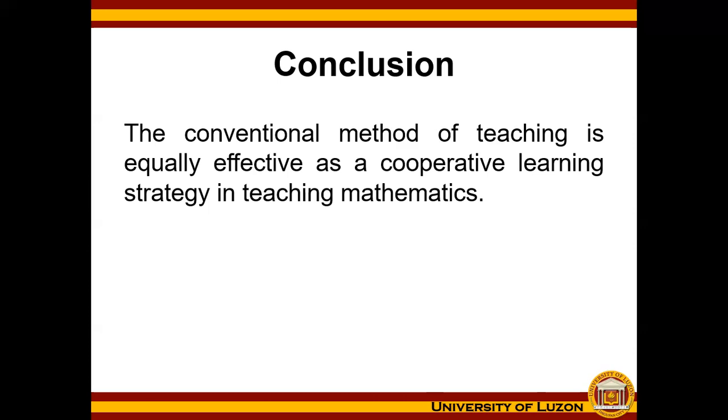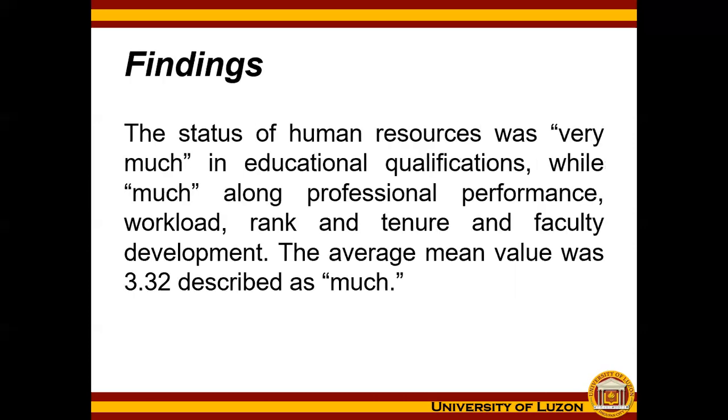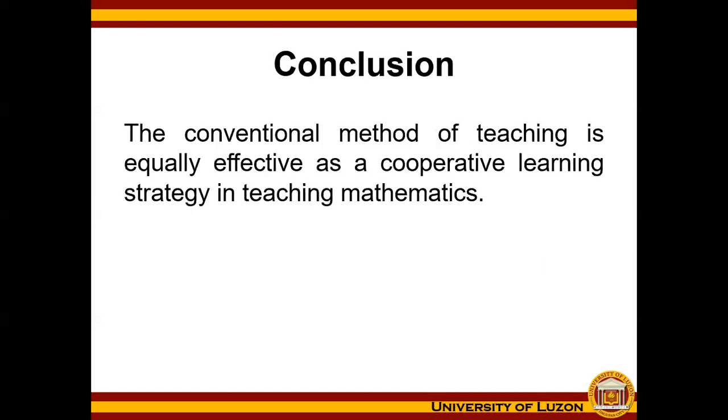Okay, so let's go back. The status of human resources was very much in educational qualifications, while much along professional performance. And then for conclusion, you have this. So the conventional method of teaching is equally effective as a cooperative learning strategy in teaching mathematics.